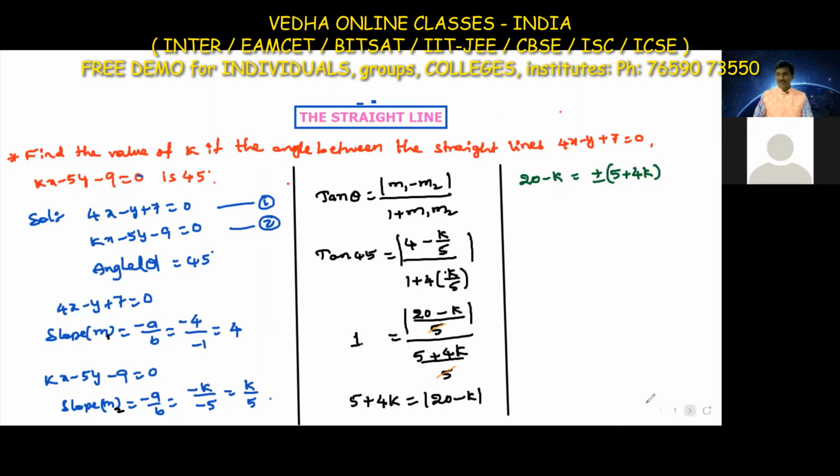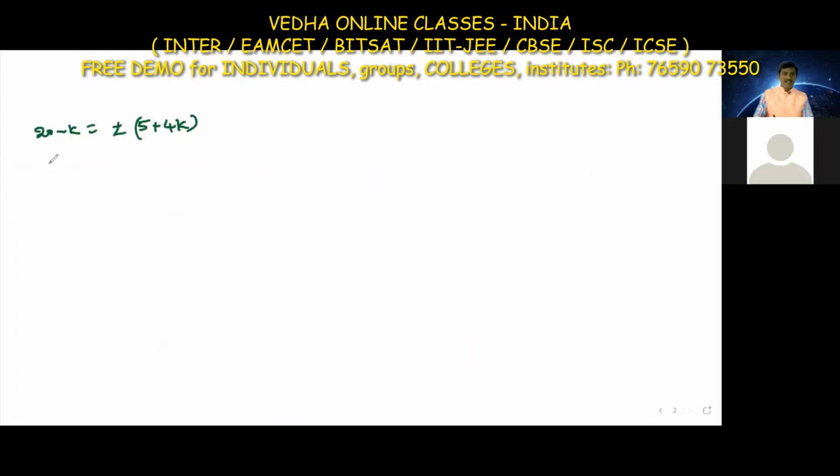Now 20 minus k is equal to either the plus value or the minus value. First, 20 minus k is equal to plus 5 plus 4k.